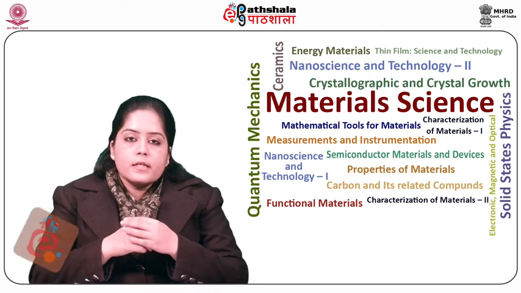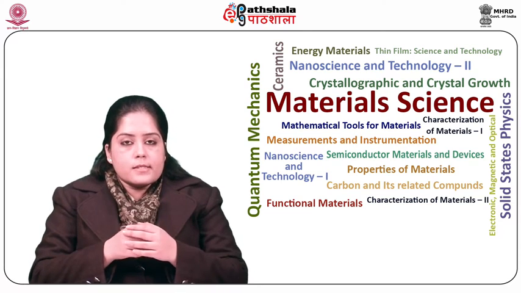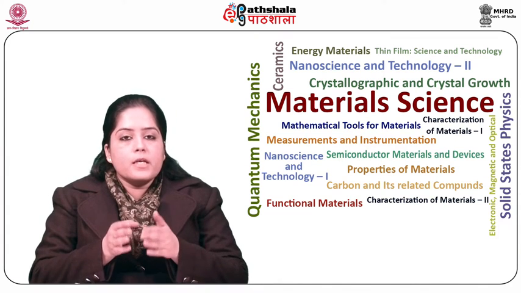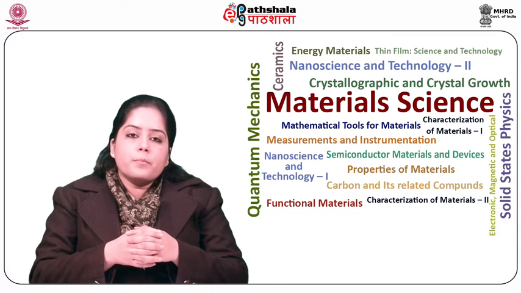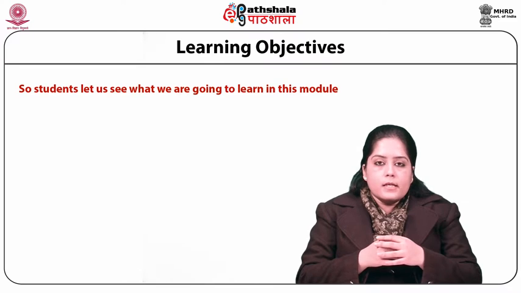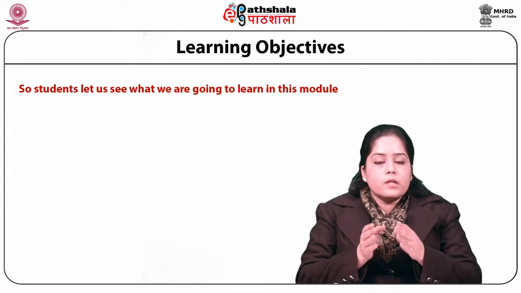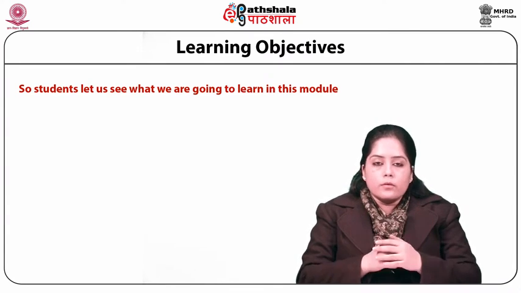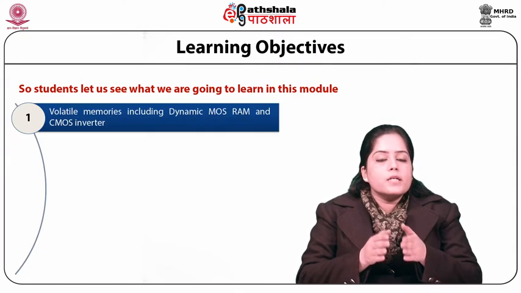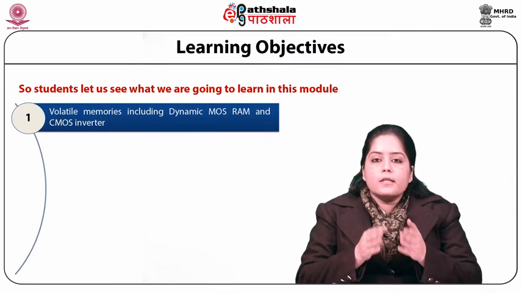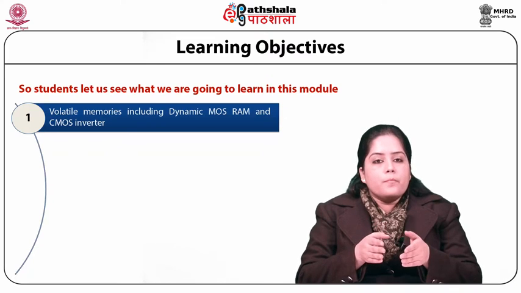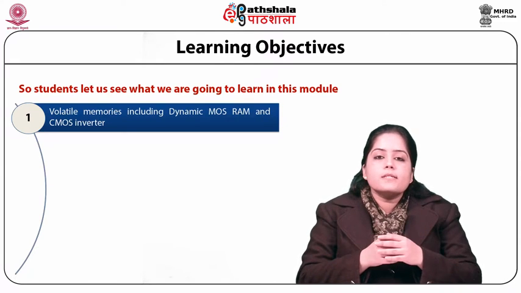So students, today we are going to discuss the module MOS memory devices from the paper Electronics. Let us see what we are going to learn in this module. First, we will discuss the volatile memories, including dynamic MOS RAM and CMOS inverter.